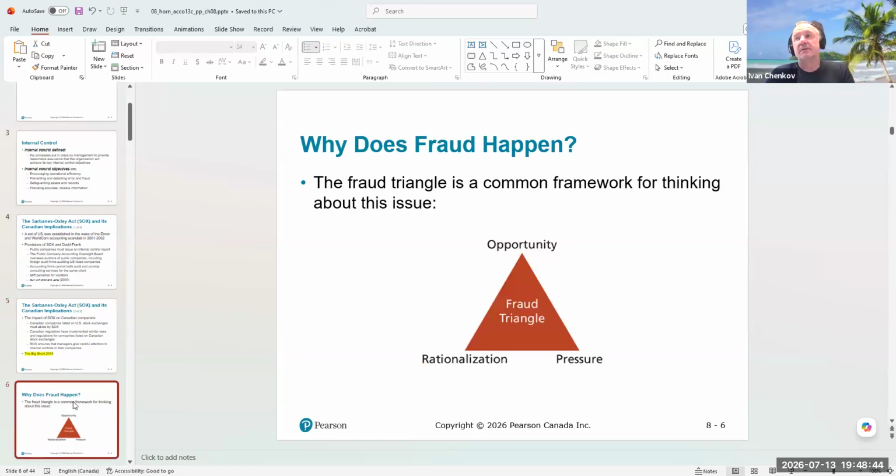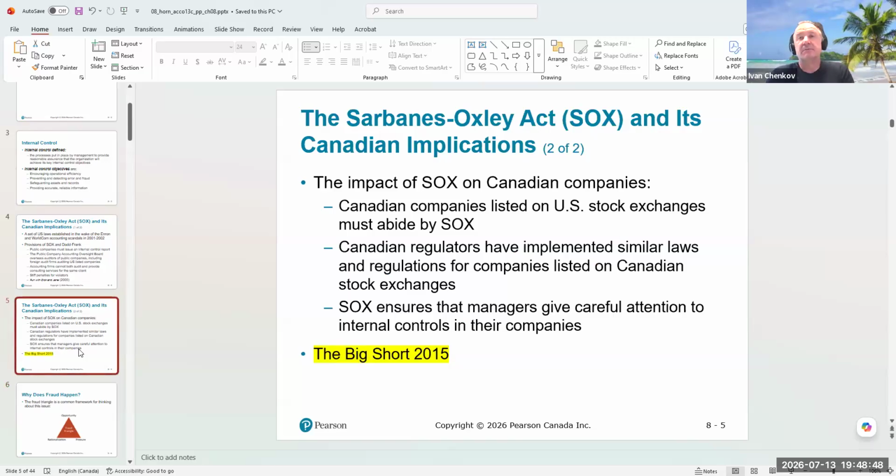So the point is, every time there's pressure, somebody is going to do something in order to mitigate that pressure. And if you watch The Big Short, you're going to see something very interesting that happened with the house market.